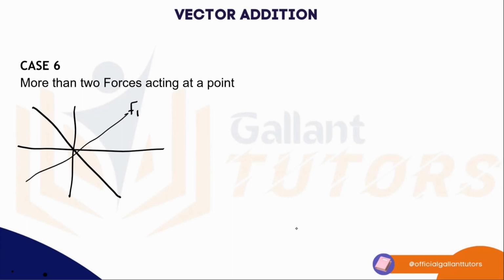Let's assume this is F1. This is your positive x-axis. This is F2, this is F3, this is F4. What will be here?